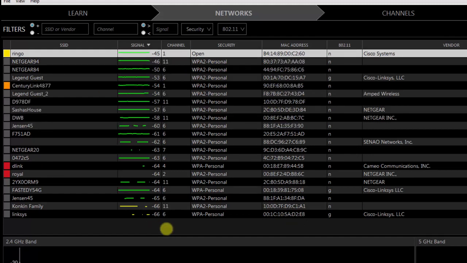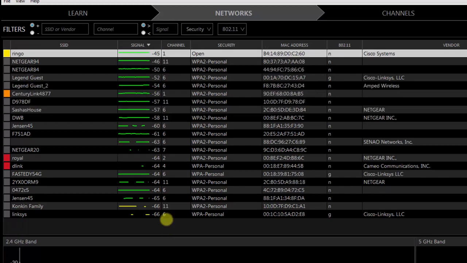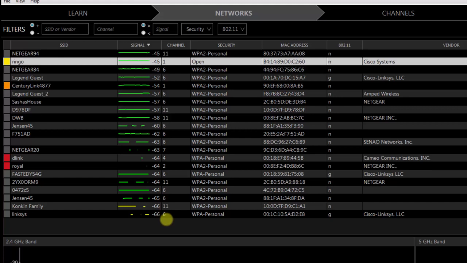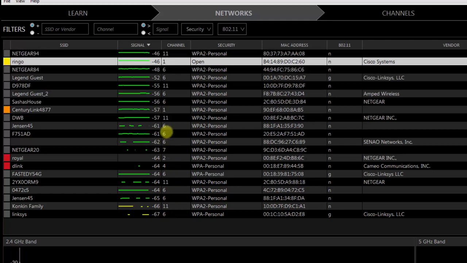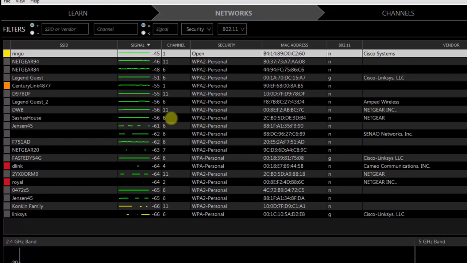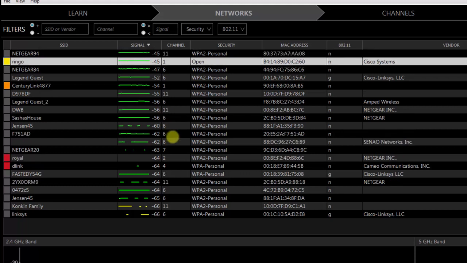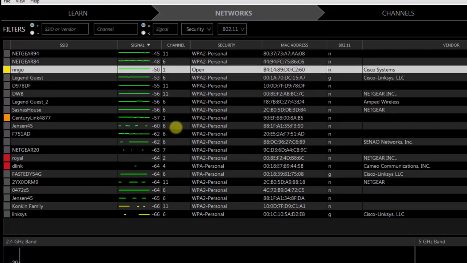Any of those are so weak that it's very unlikely it's in your building, so you probably don't have to worry about them. But anything that's say 60 or lower is pretty close to you, so you better figure that could be in your building. So what you're going to do is basically walk around.